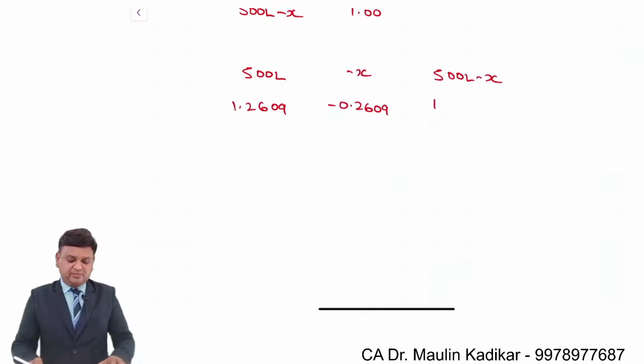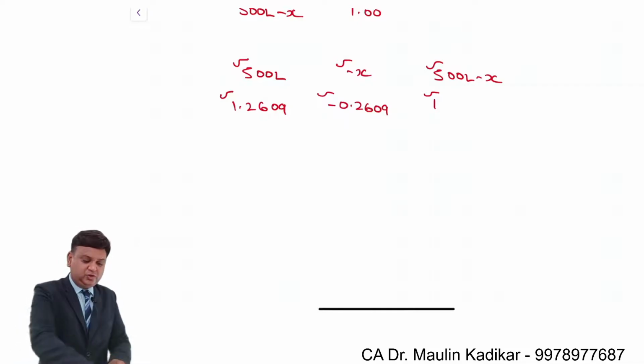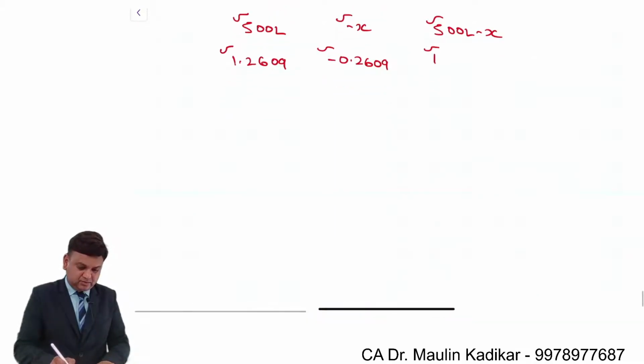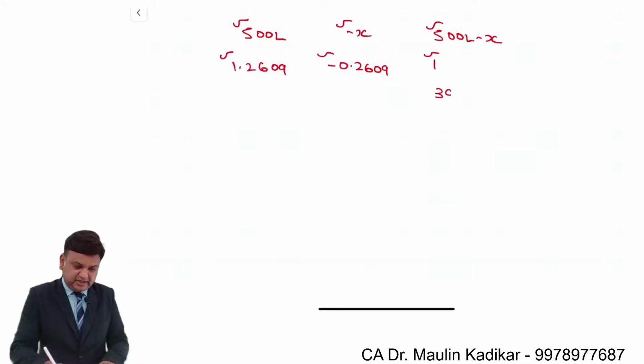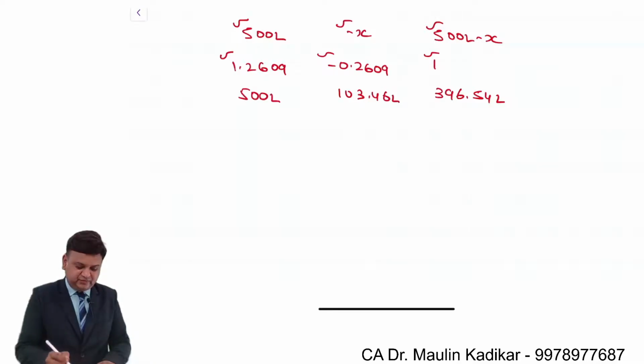So we are required to make the computation like this. 500 lakhs is the existing portfolio, negative X is the RF. So this is 500 lakhs minus X. The total is 1 and its internal bifurcation is like this. So 500 lakhs divided by 1.2609. So this will become 396.54 lakhs. This will become 103.46 lakhs. And this is 500 lakhs.